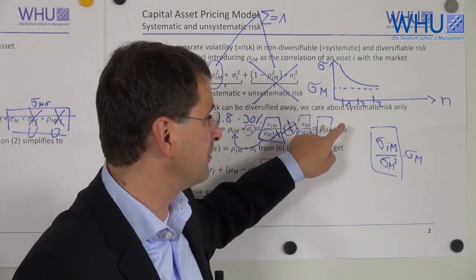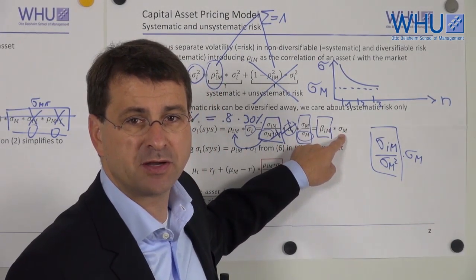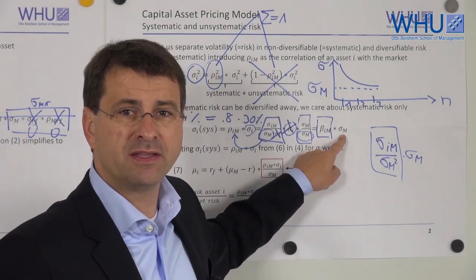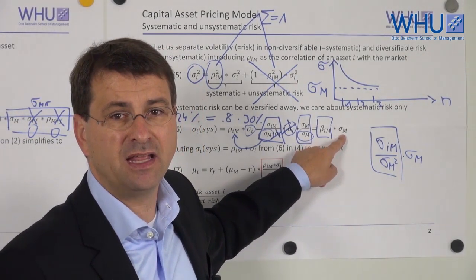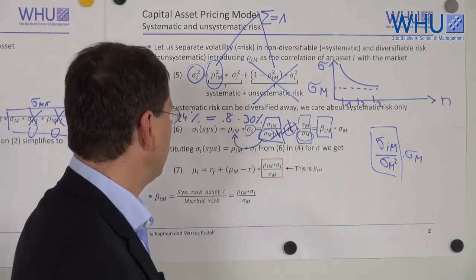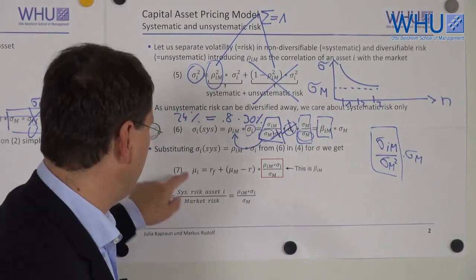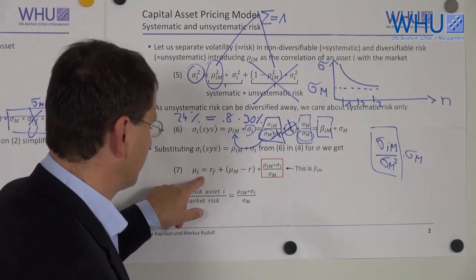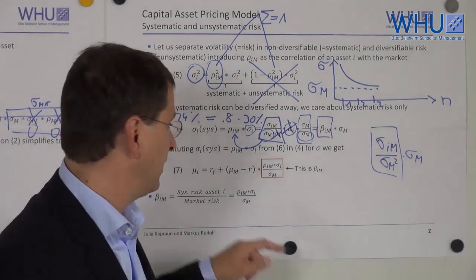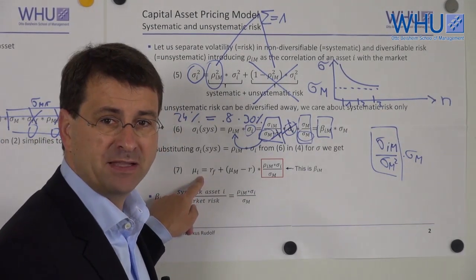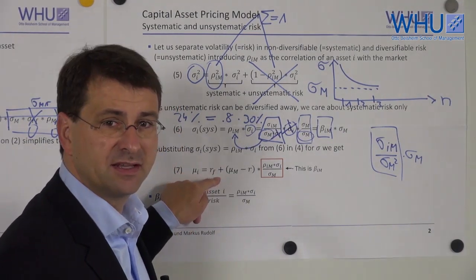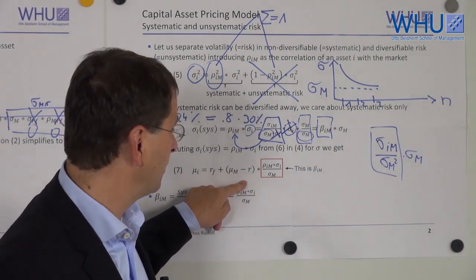So beta times sigma_M is the systematic risk that we need to look at if we look for the expected return on any asset in an equilibrium situation. And that leads me to the next step, number 7, where we say that mu_I, which is the expected return on asset I, is equal to the risk-free rate plus the expected excess return on the market.